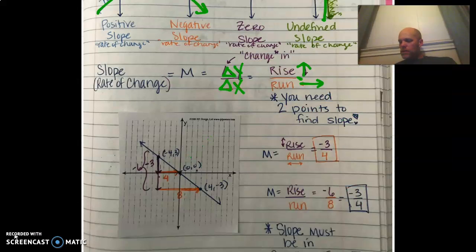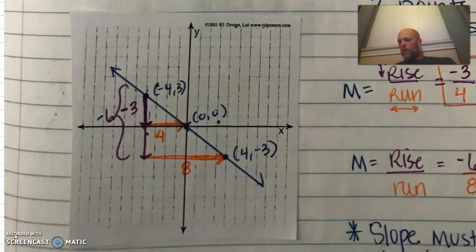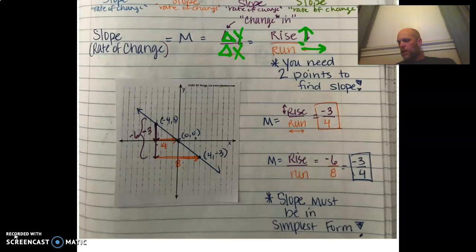So here's an example right there, but I'm actually going to make up my own. Whenever we do slope, you have to simplify it. It has to be in simplest form.